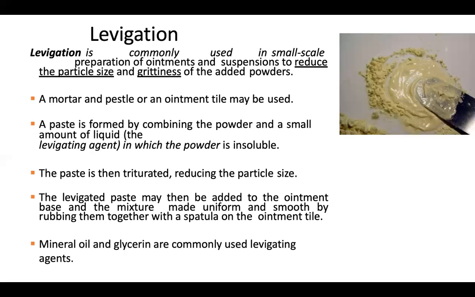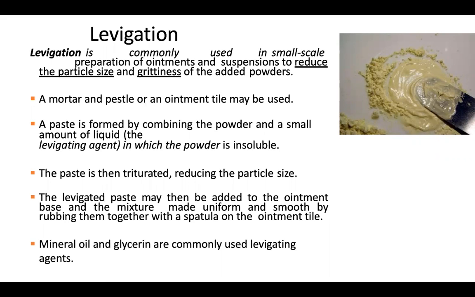A paste is formed by combining the powder and a small amount of liquid, known as the levigating agent, in which the powder is insoluble. So you use a solvent in which the powder cannot dissolve. The paste is then triturated, reducing the particle size.